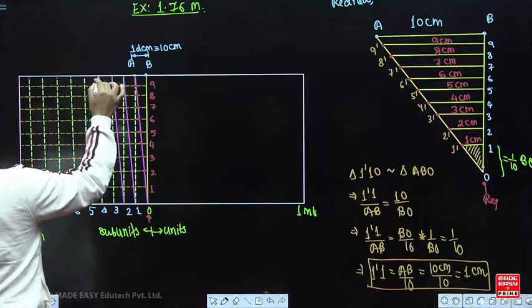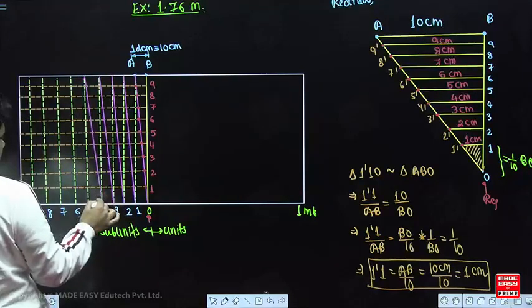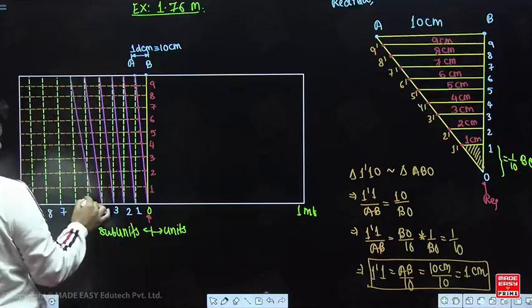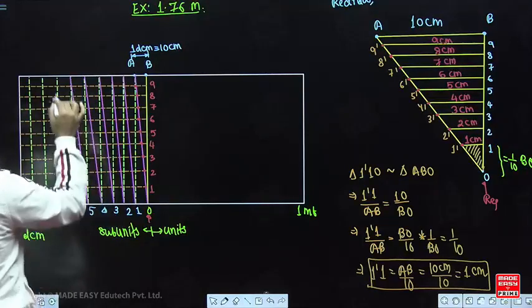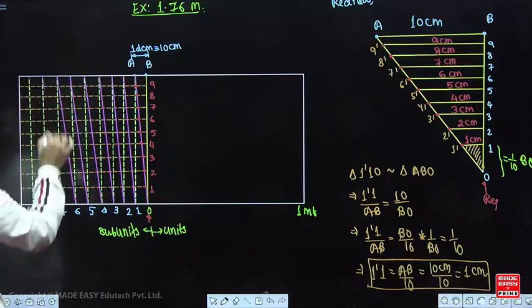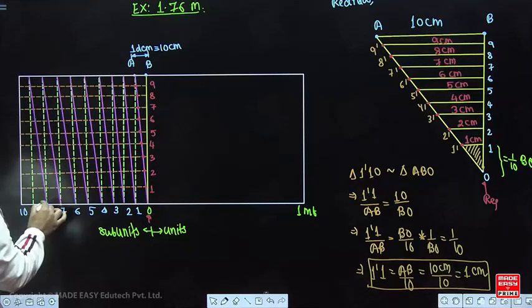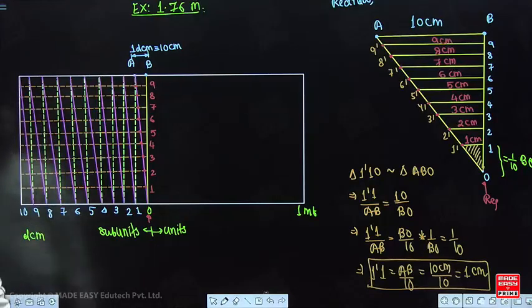So if I draw lines parallel to each other like this, you will get multiple values. Correct? So if I draw like this, now it has become a diagonal scale.